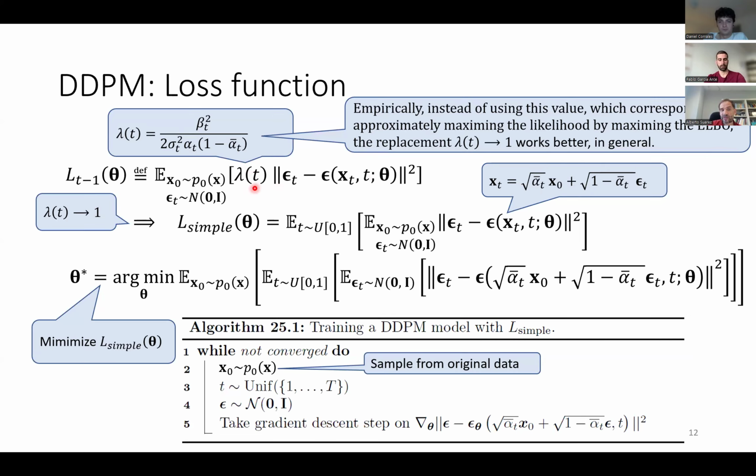Whereas for t large, this lambda is very close to zero, and you don't have almost any signal. Okay, you have to compensate for that, and this lambda to 1 basically gives equal value to the reconstruction error as measured by this mean square error at every point in time.